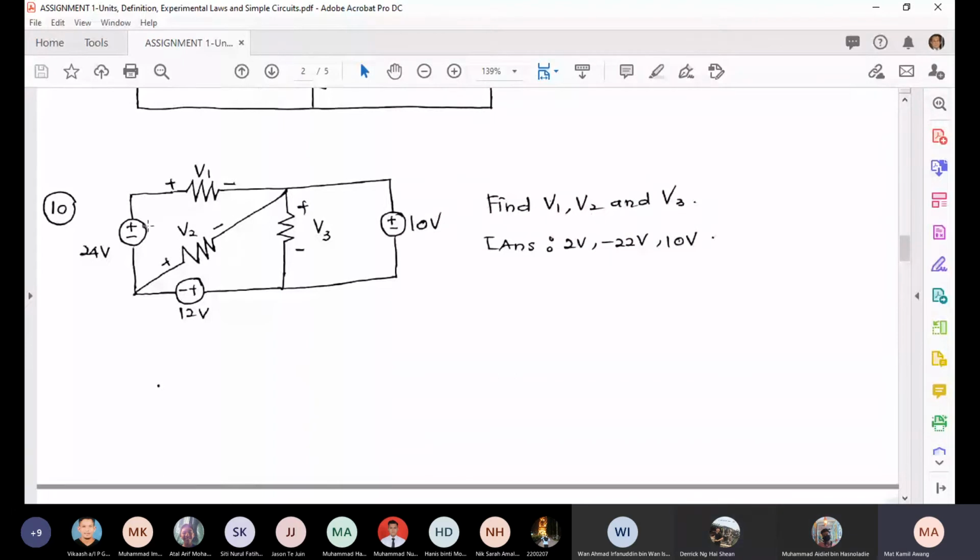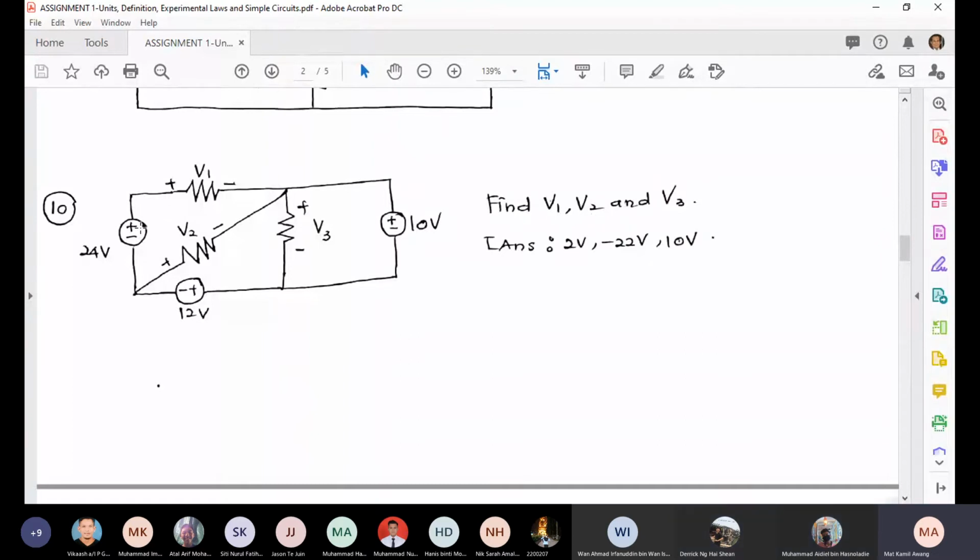Okay. So what is V1? If 10 volts here, V2 is, remember, minus 22, right? Why minus 22 plus 24 plus 2 volt?